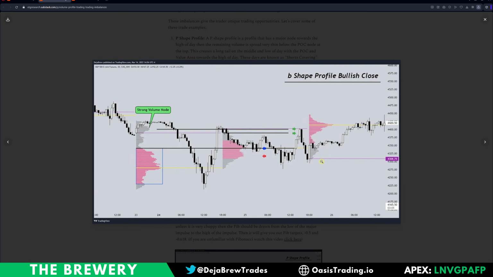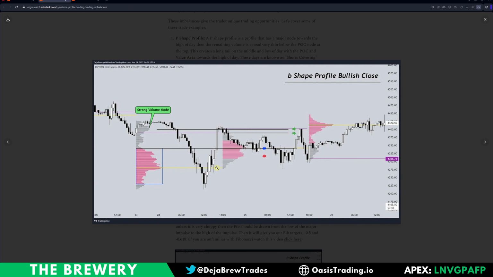Okay, so in this example here, we could have taken a long with a stop loss below the prior node, and then we could have targeted previous value levels. Depending on where you entered, you could have been stopped out. I wanted to show this example because if you took the first retest of that value area high, you see the value area high right here, you just barely would not have hit your targets, and then you would have gotten stopped out.